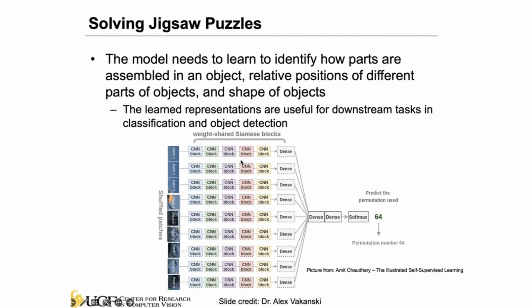It's just that when they illustrate their method, they do this in parallel. But in the implementation, it is the same network sharing the same parameter weights. The patches go through this network, extract the features, and try to predict the permutation, one out of these 64 permutations.